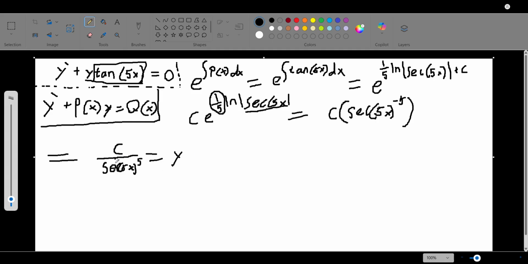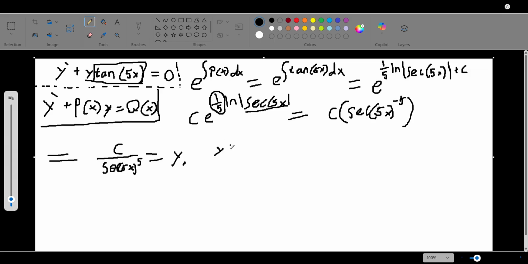So that is the solution to your differential equation: y is equal to c divided by secant 5x raised to the 5th, or c times secant 5x to the negative 5.